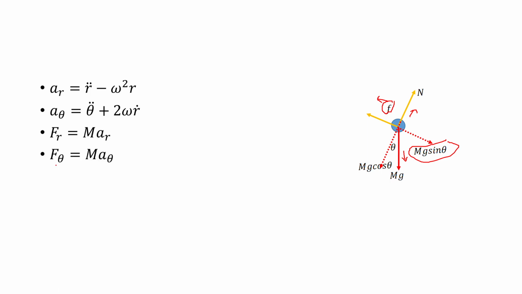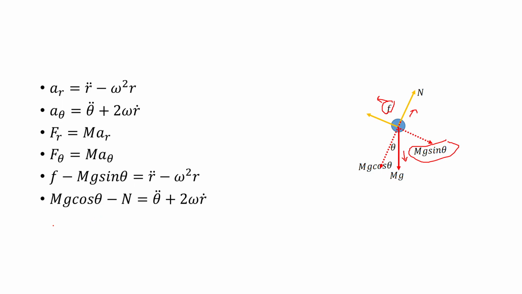Similarly, in the theta direction we can write F theta equals m into a theta. This is again Newton's second law. So substituting the value of radial forces, the net force in the radial direction, F minus mg sin theta equals m times r double dot minus omega square r. I have taken towards the center as positive. Similarly, in the theta direction it is mg cos theta minus this normal reaction.